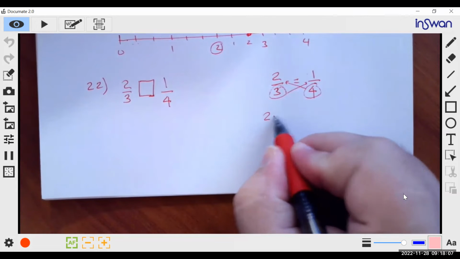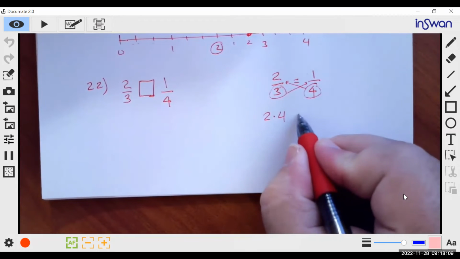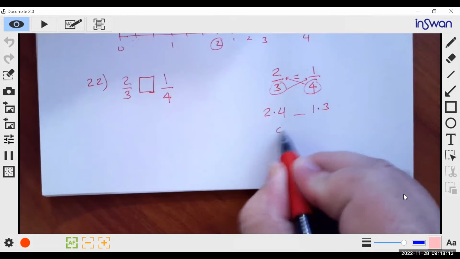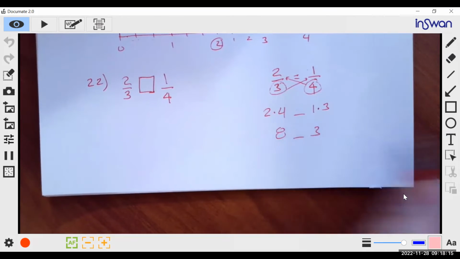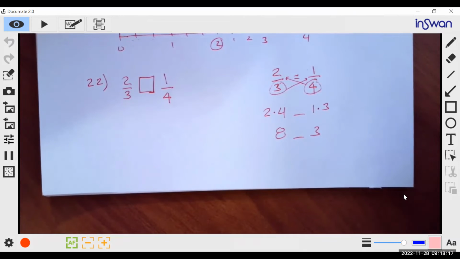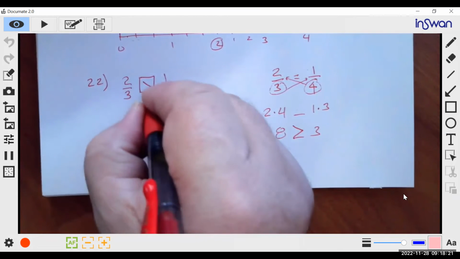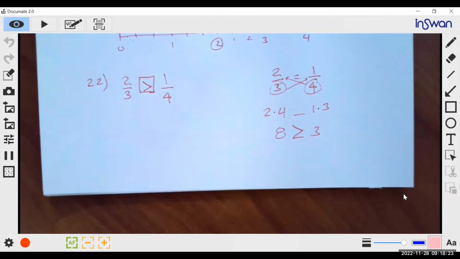We have 2 times 4 and 1 times 3. 8 to 3. Which one's bigger? So that's the way the answer goes. 2/3 is bigger than 1/4.